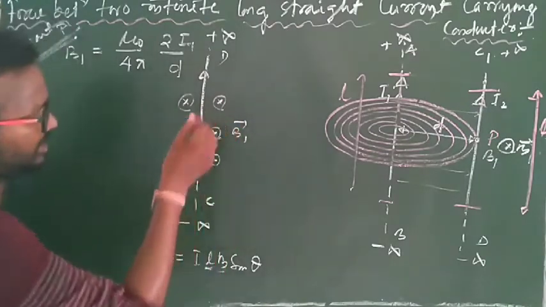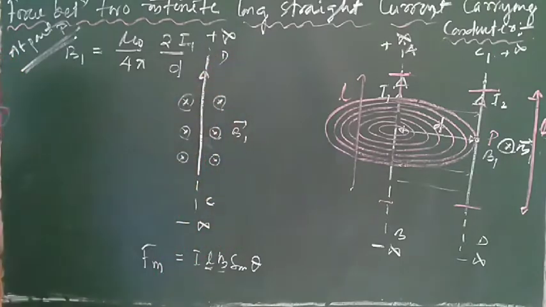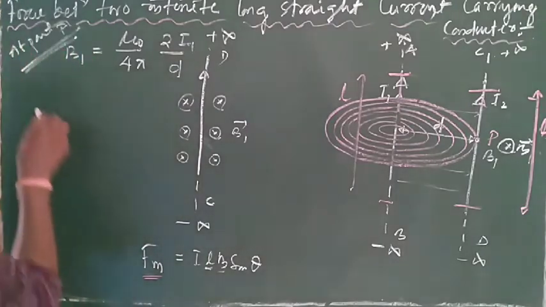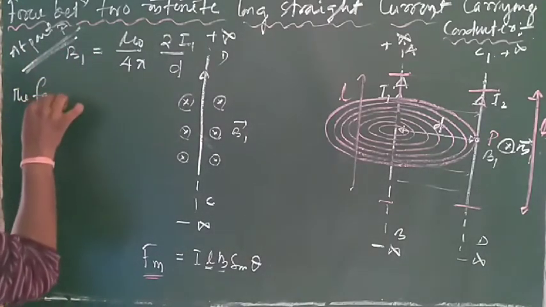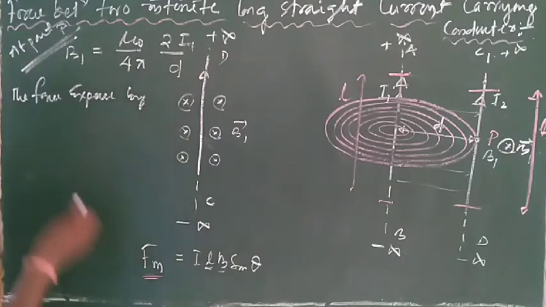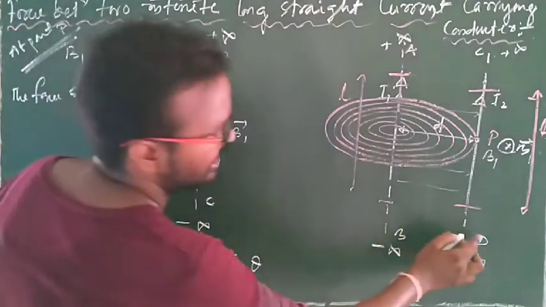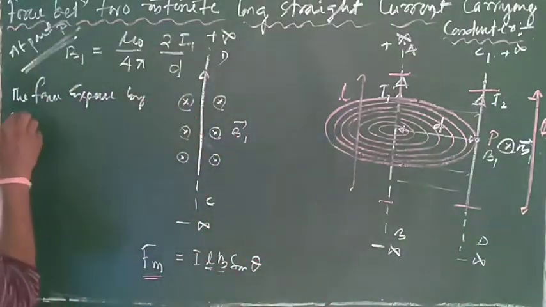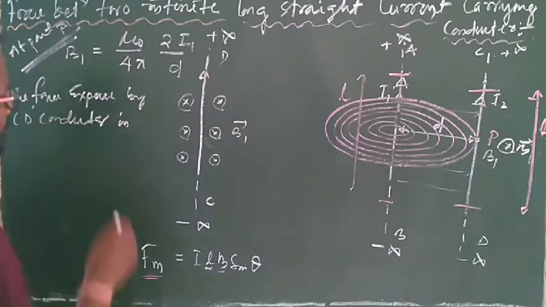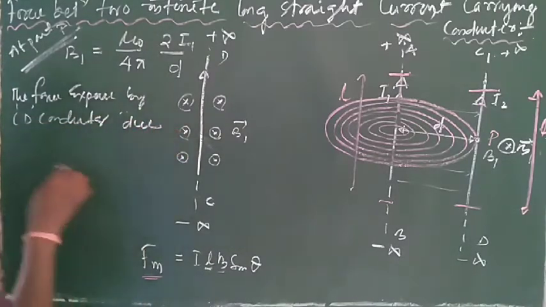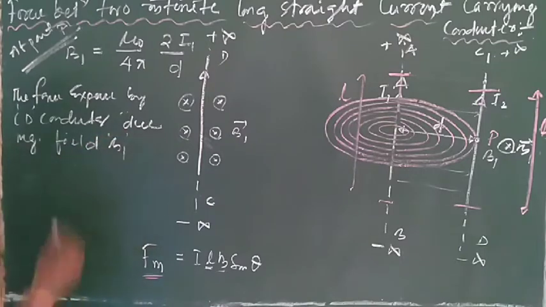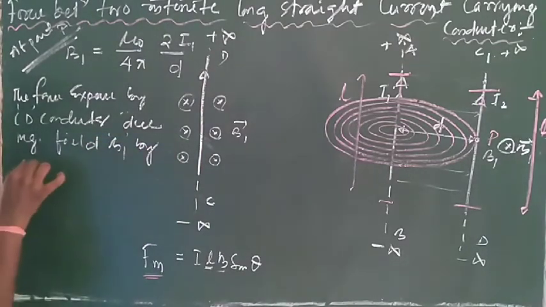B1 is in one direction, and this is the direction of flow of current from C to D. So in this case, we can write the force experienced by the CD conductor due to the magnetic field B1 by the AB conductor.